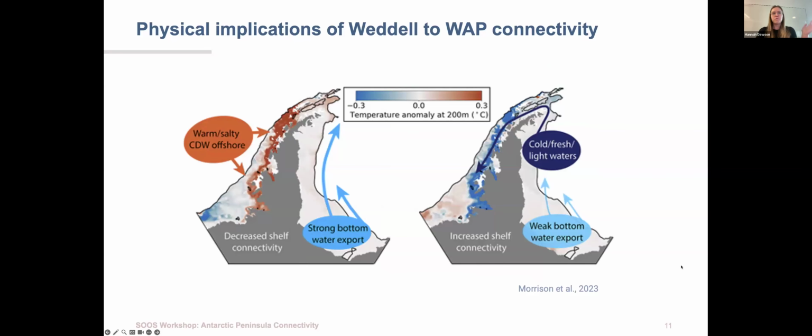But I think this does raise the point that if we move away from the meltwater framework, and if we trust that there is this connection, which maybe is to be discussed, then it's implying that interannual variations in dense shelf water formation and export could drive variability, not just necessarily in response to a freshwater forcing.